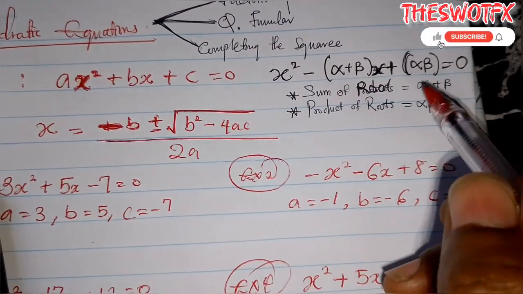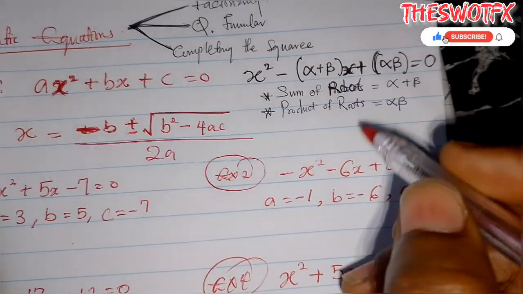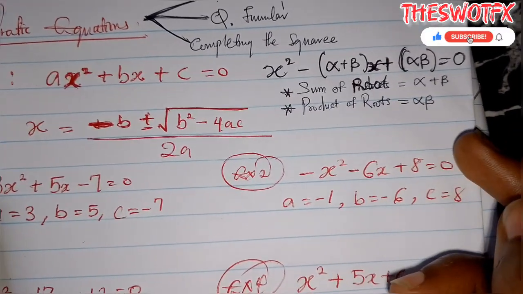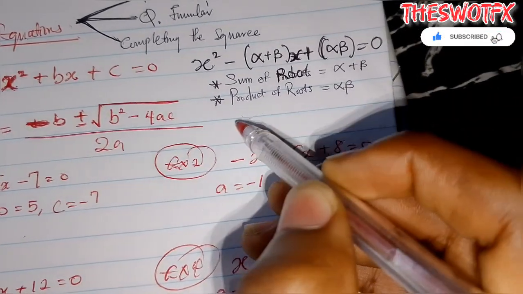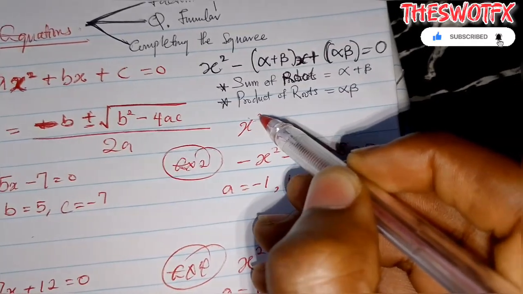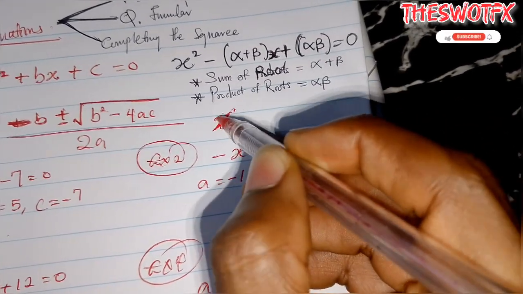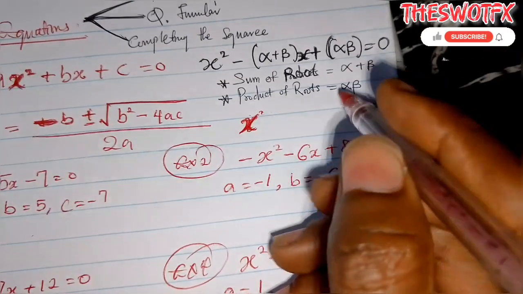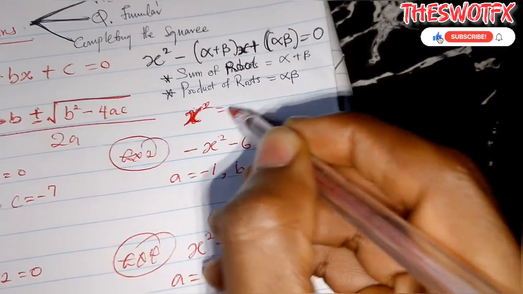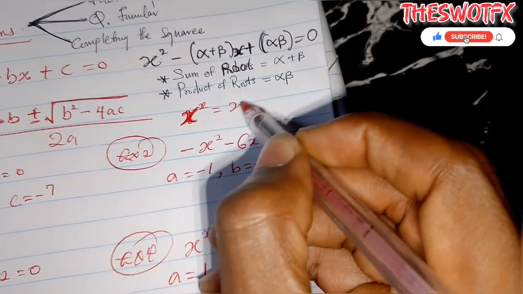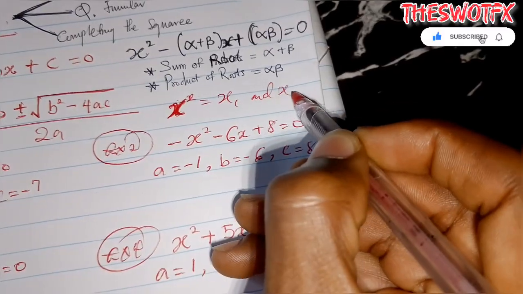In looking for this, we will always say what is the root of the equation. The root of the equation will always be twice the x we are looking for. That is, we have x1 and we have x2.